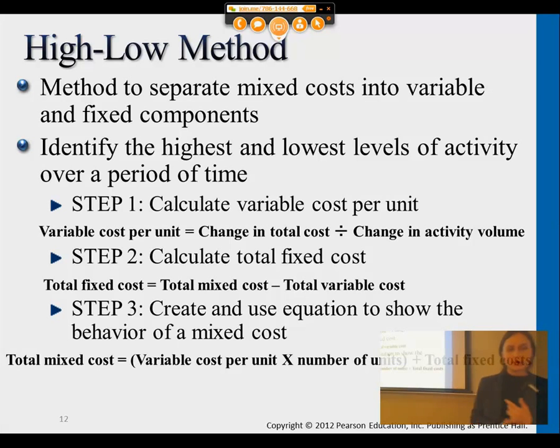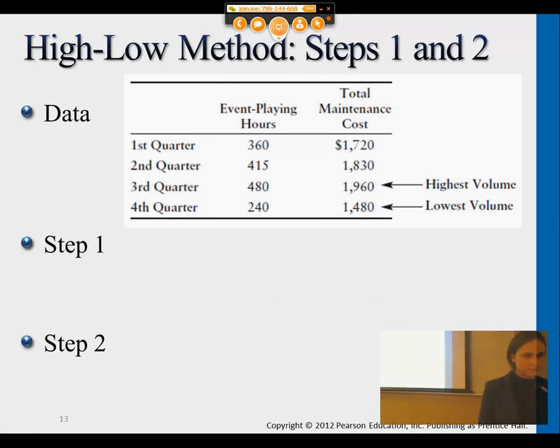So how do we calculate the variable cost? It's change in total cost divided by change in activity volume. And then the total fixed is mixed minus variable. And then we have the very long one for the components. Let's go over each one of them.